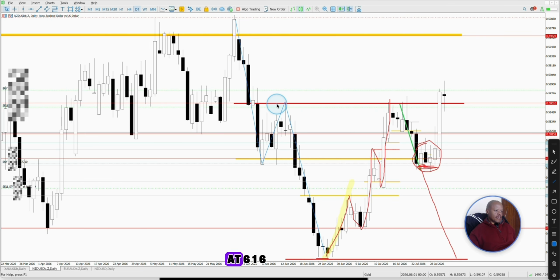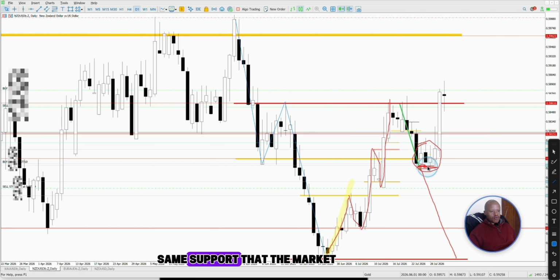The selling that occurred at 616 gave birth to this massive move. But now I want us to look at this support. This support is the same key price level that the market respected right here.